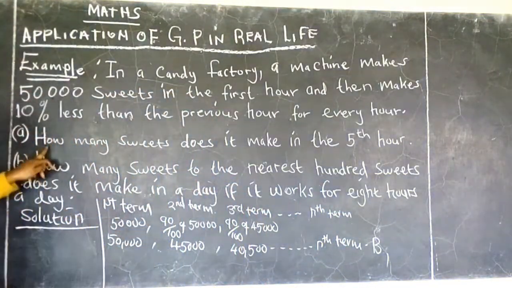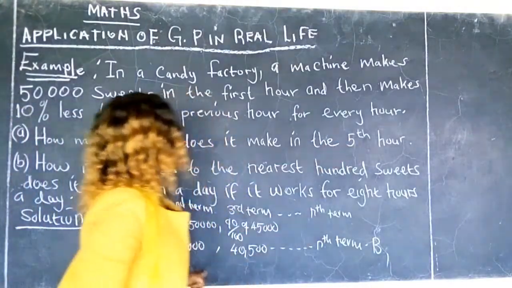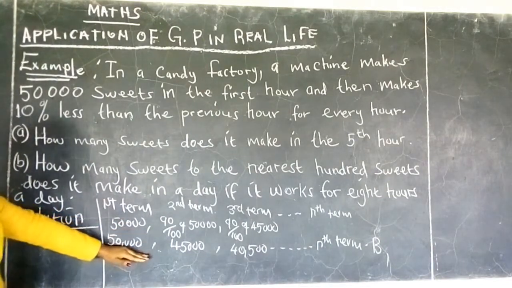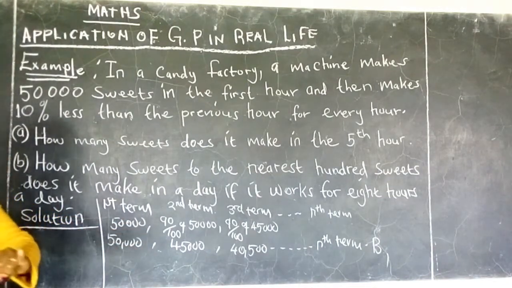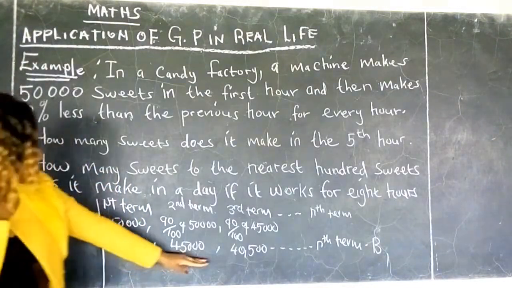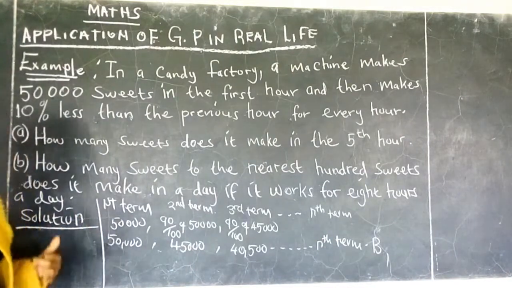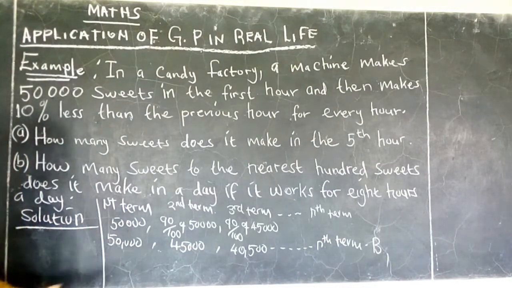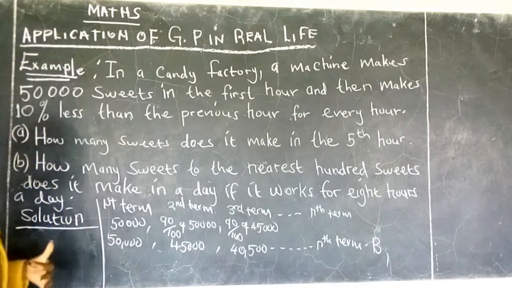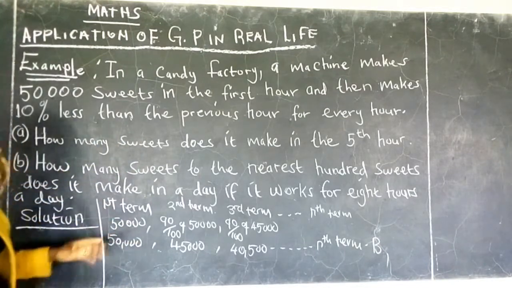But our question here is how many sweets does it make in the fifth hour? For the nth term, we have to consider the sequence and confirm whether it is a GP or whether it is an AP. So first of all, we want to check, is it a GP or is it an AP? For the AP, we are looking for the common difference. And if you have not checked my previous tutorial, I have shown you how to find the D, the common difference.